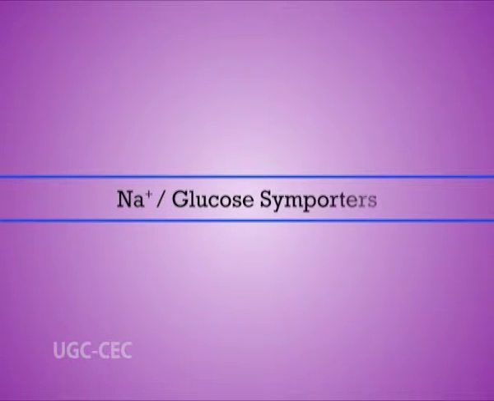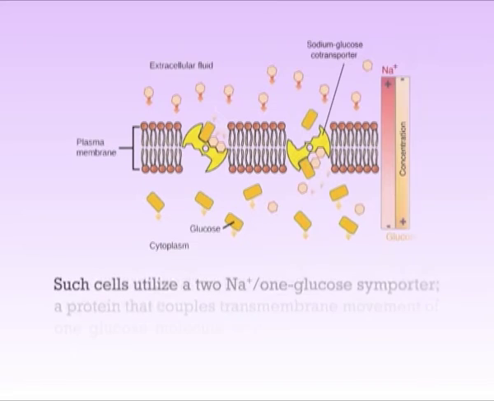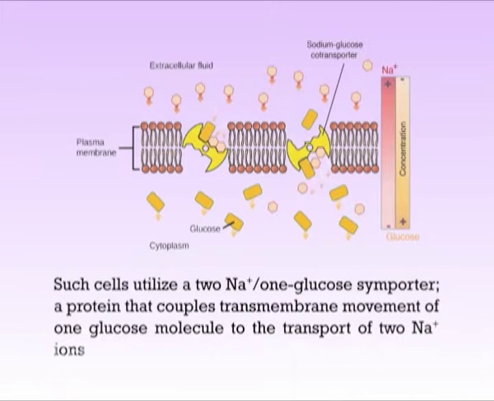So let's study some examples of Symport transport systems. First, sodium-glucose symporters. Many cells, such as those lining the small intestine and the kidney tubules, need to concentrate glucose against a very large concentration gradient. Such cells utilize a 2-sodium, 1-glucose symporter, a protein that couples transmembrane movement of one glucose molecule to the transport of 2 sodium ions.